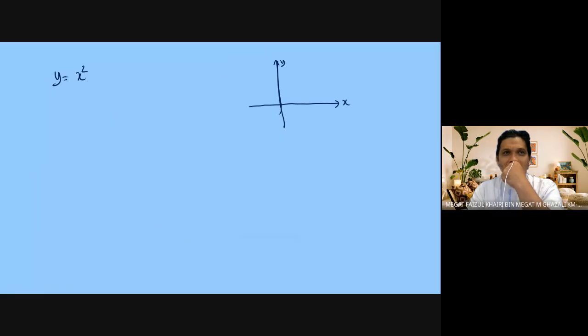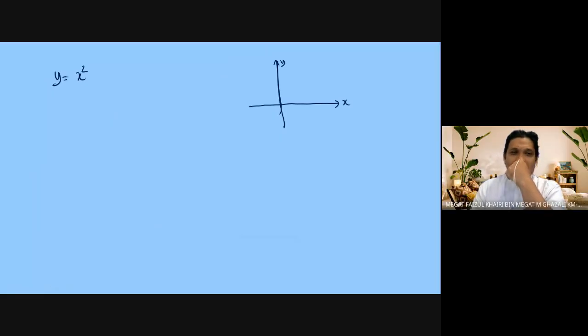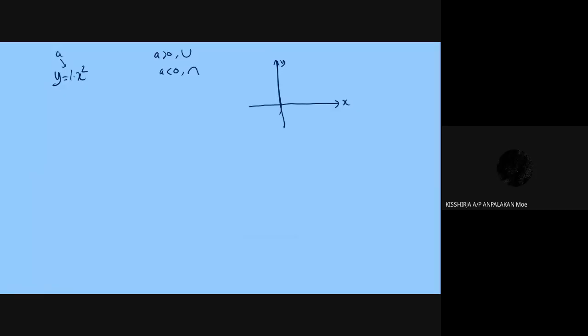How is the shape of the graph? U shape. U shape if the coefficient of x squared, which is a here, is greater than 0, we call it U shape or smile, and if a is less than 0, it is a sad graph, which is negative. So the coefficient of x squared, a here, equal to 1. Is 1 greater than or less than 0? Greater than 0.